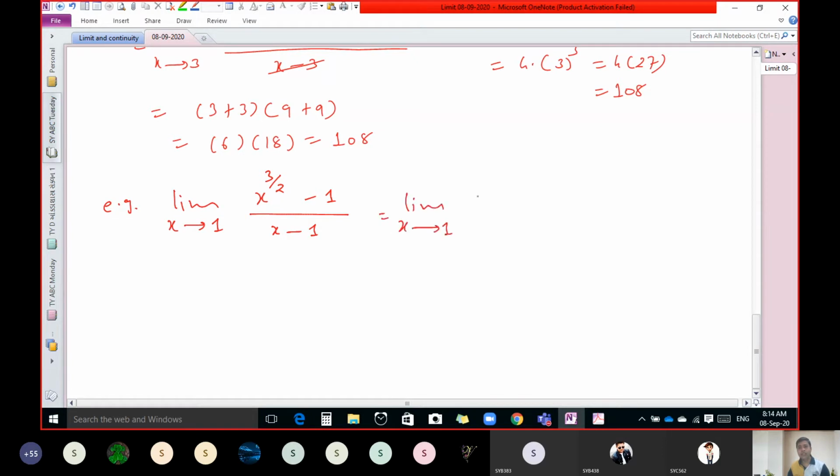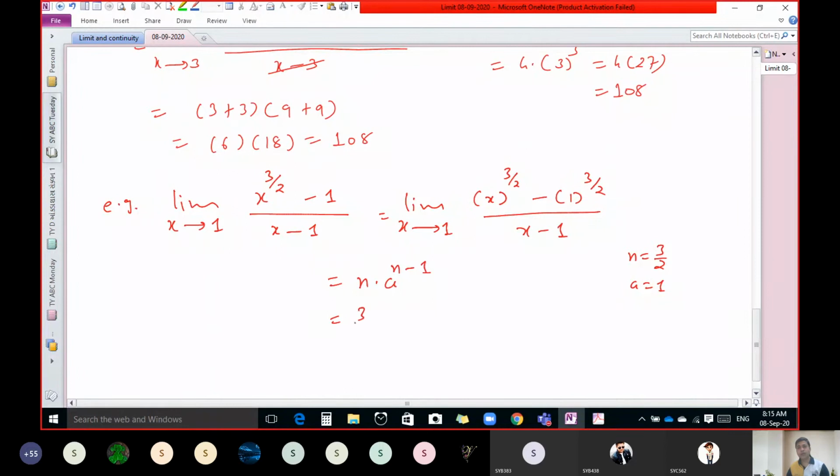You can write this like x raised to 3 by 2 minus 1 raised to 3 by 2, since 1 raised to anything is 1. So you can write 1 raised to 3 by 2 in place of 1, and keep this x minus 1 here. So now you know that this 3 by 2 is your n, and a equal to 1. So our result is n into a raised to n minus 1.